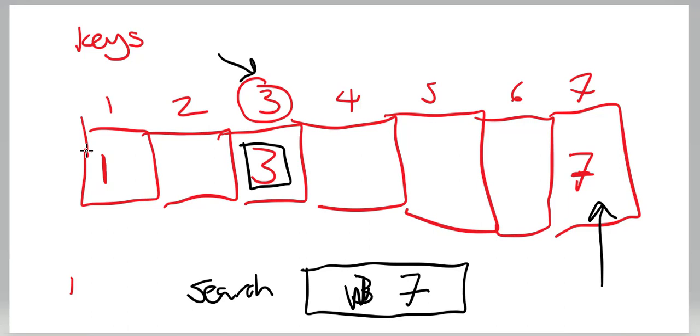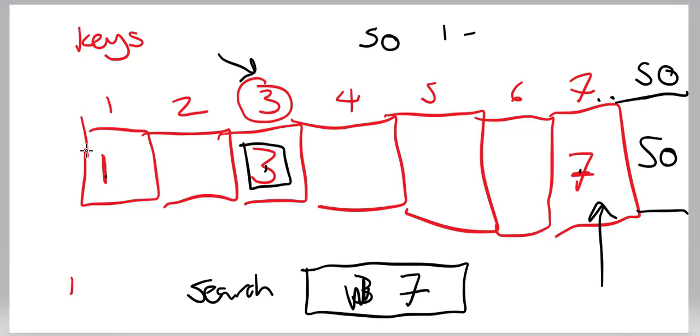Now, what happens if we have an array which has got 50 keys or positions? So let's make it a bit bigger, dot dot, and imagine it goes all the way up to 50. How many items do we have inside our array? Well, we've got 1, 2, 3, 4.